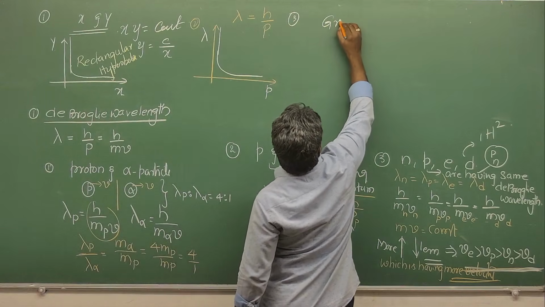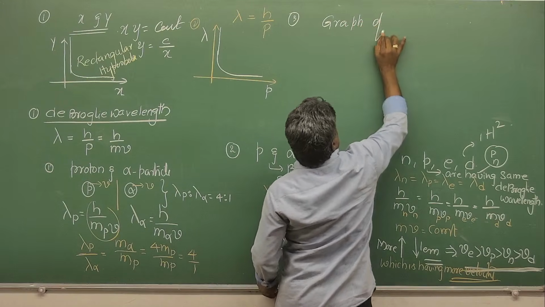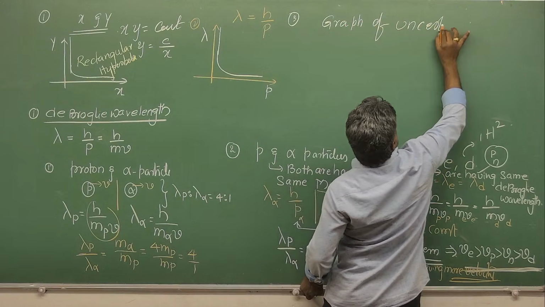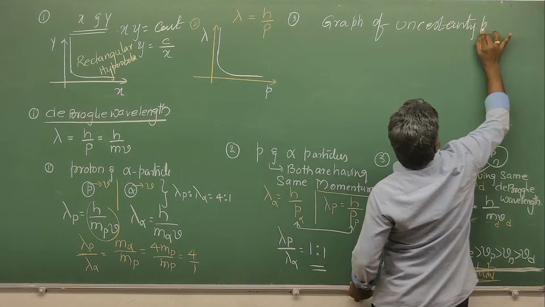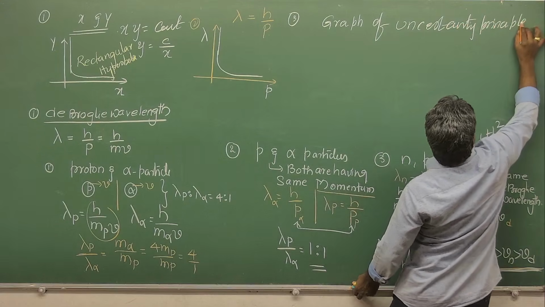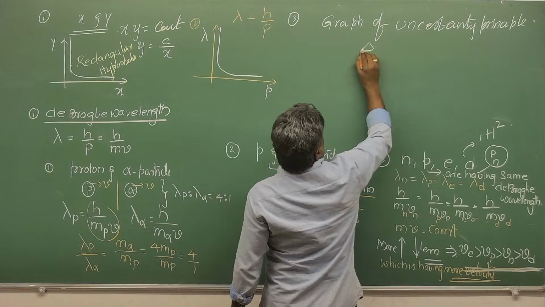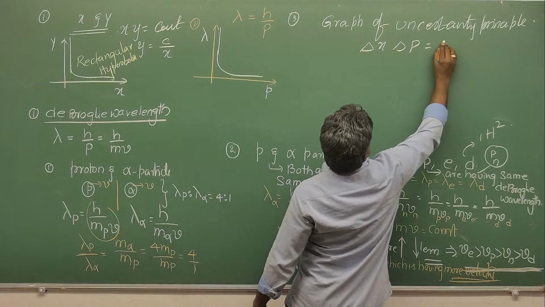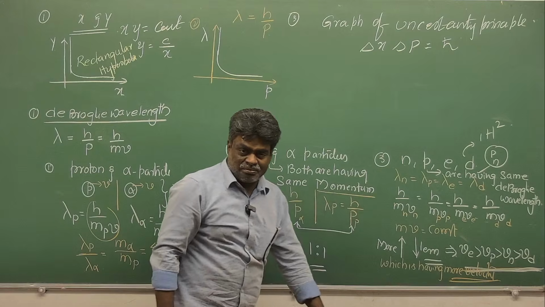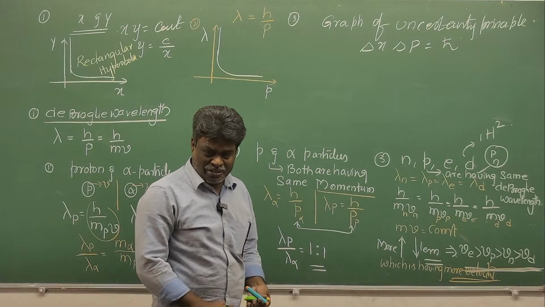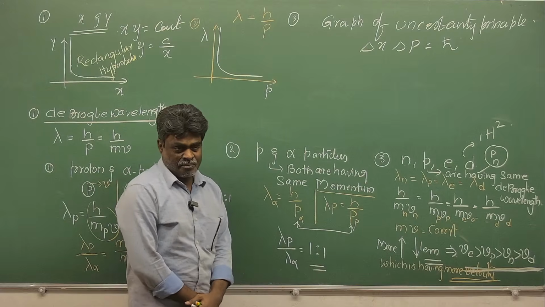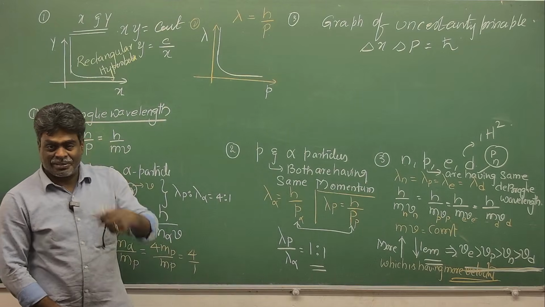Graph of the uncertainty principle. Very good. Delta x into delta p is nearly equal to h cross, or whatever it is, a constant. Graph: rectangular hyperbola.